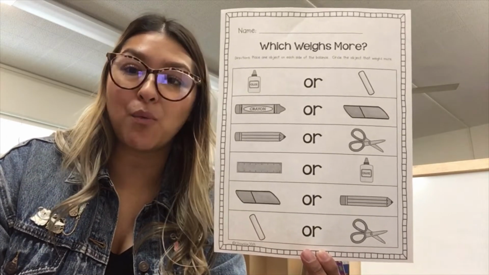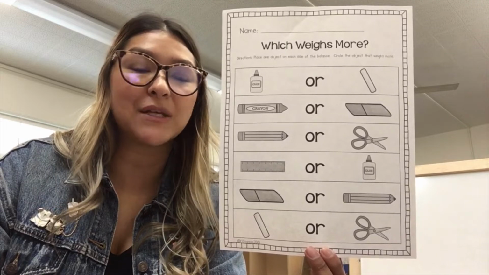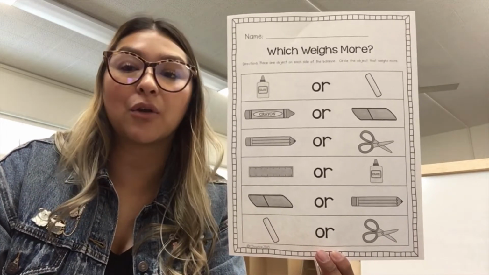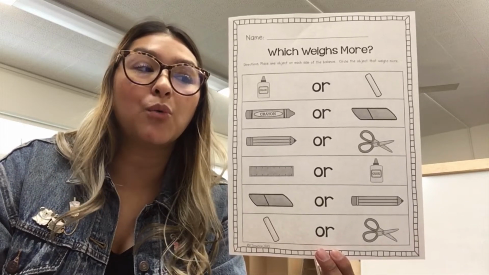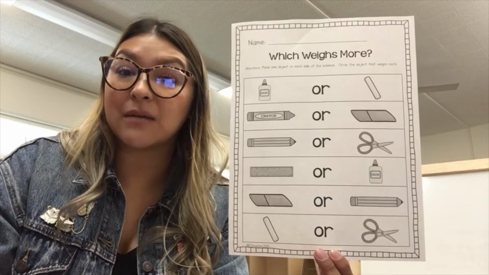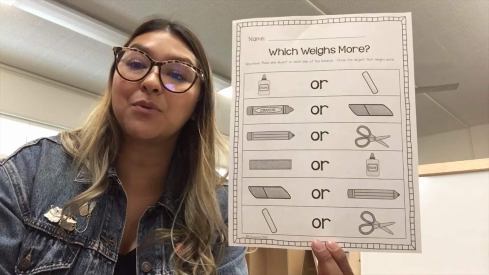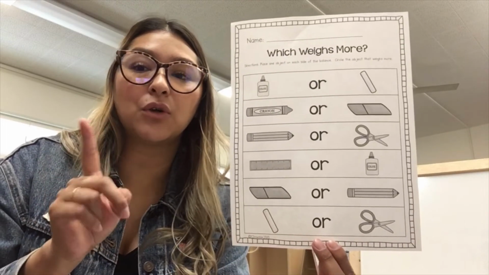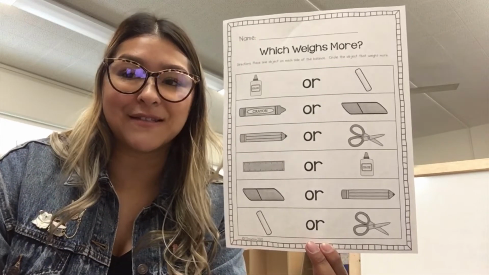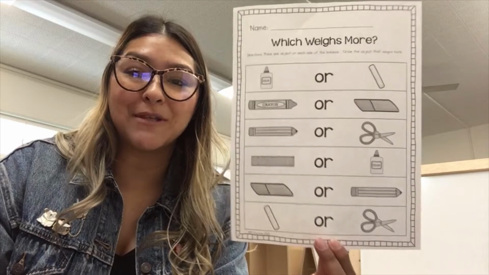I'm going to be walking through this with you, and we are going to be measuring these things together and interacting with our worksheet while we test and see which of these items weighs more. Okay, so let's get started. In the next view, you're going to be seeing the scale, and I'm going to be walking through all of these things with you. So grab this paper if you have it.